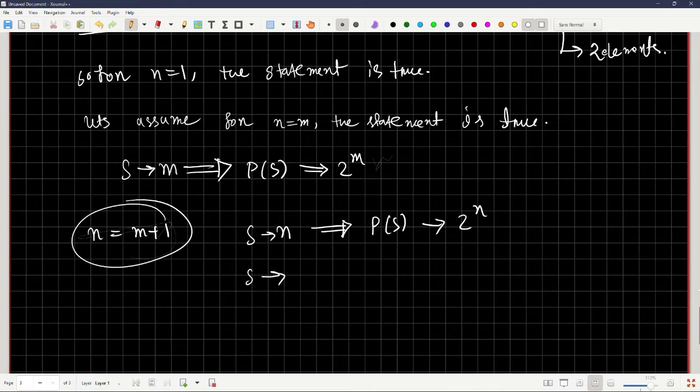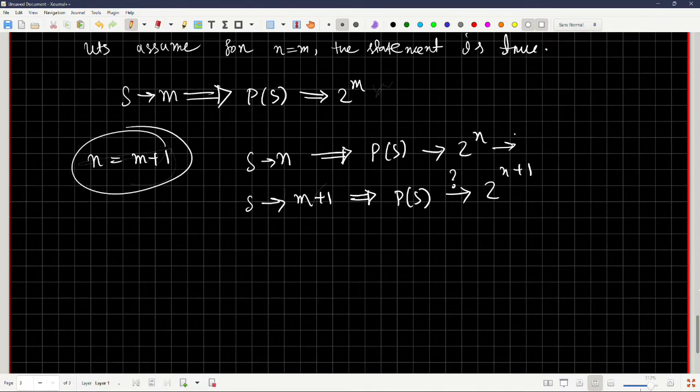So now our set will have m plus 1 elements, and the power set should contain 2 to the power m plus 1 elements. I'm putting a question mark over here because this is the thing we're trying to prove. This is coming from the second assumption, or the statement, whatever you want to call it. Sorry, it should not be n plus 1, it should be m plus 1, because we are putting n equals to m plus 1.